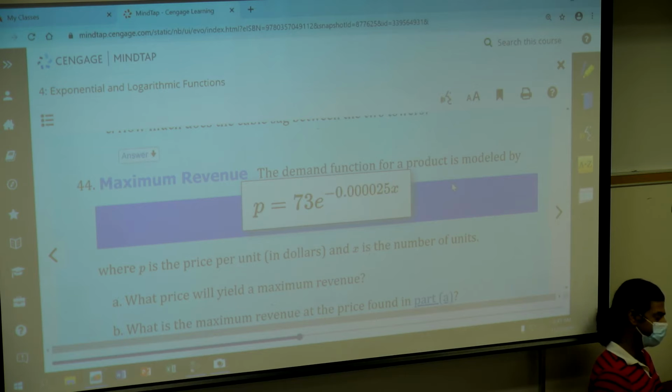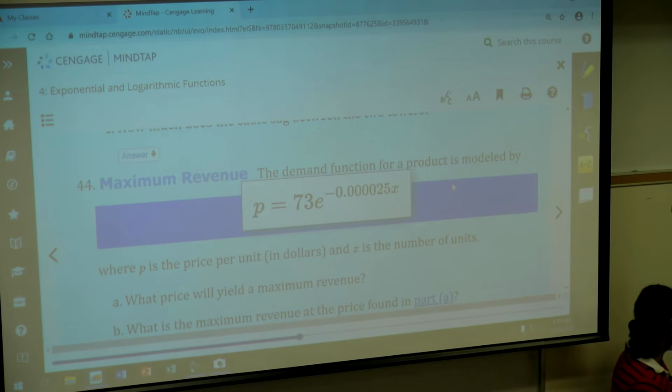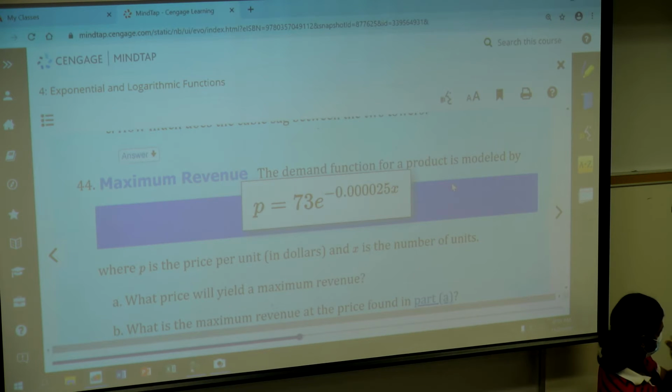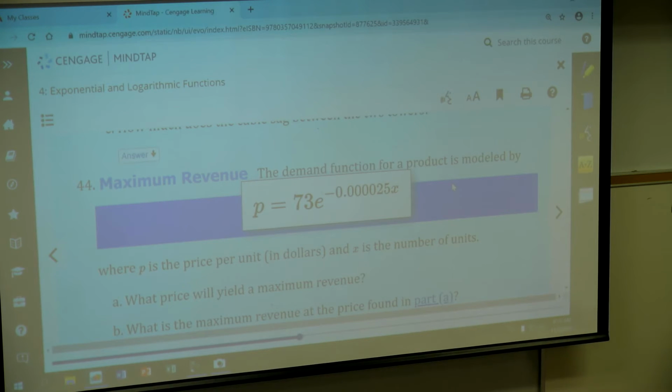U is 2x plus 1 and v is e raised 3x. And what is the derivative of u? 2. You get 2. What is the derivative of v? 3e raised 3x.